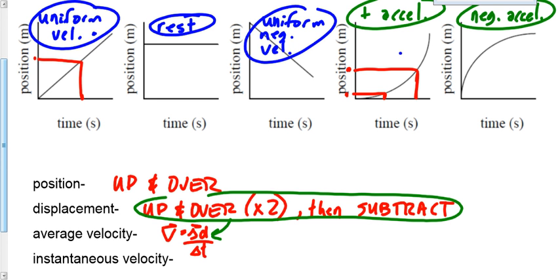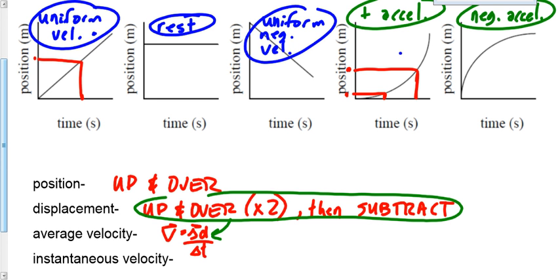Finally, the instantaneous velocity. What do you think that means? Instantaneous means at one moment, at a specific moment in time.